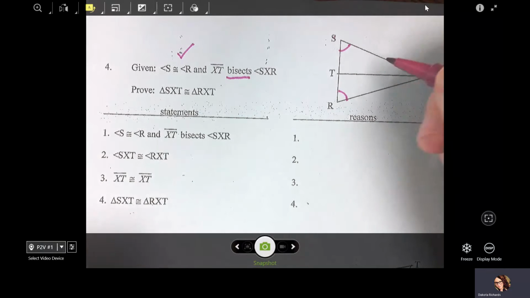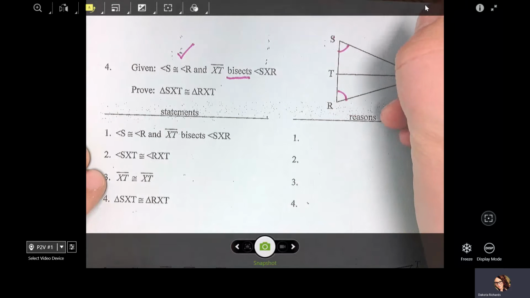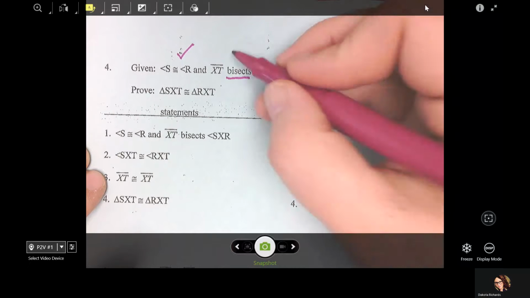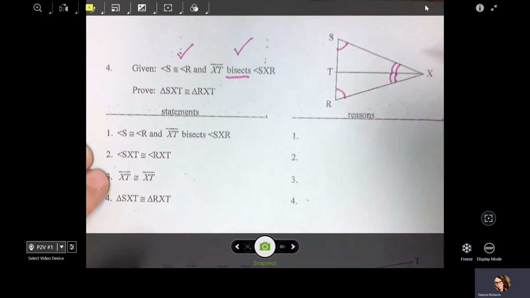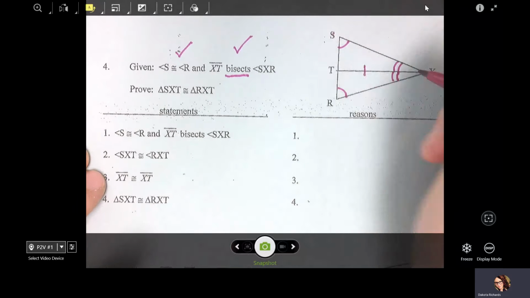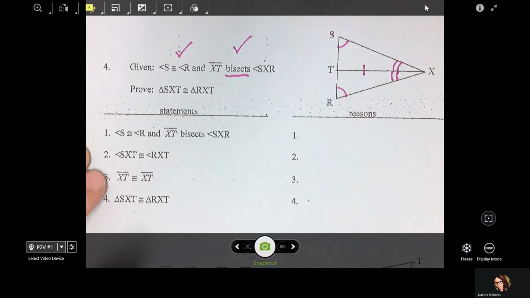Anytime you have a bisector, it cuts that angle into two congruent angles. And they have a shared side. Okay, so let's figure out what this is.